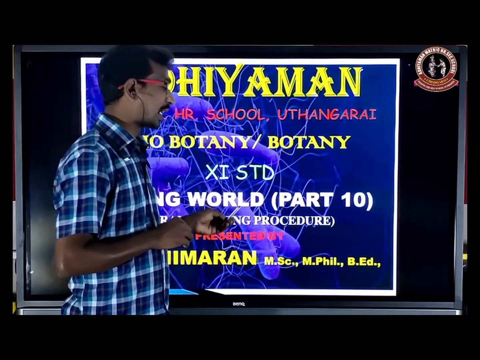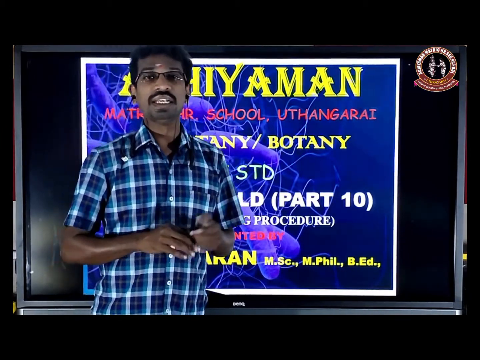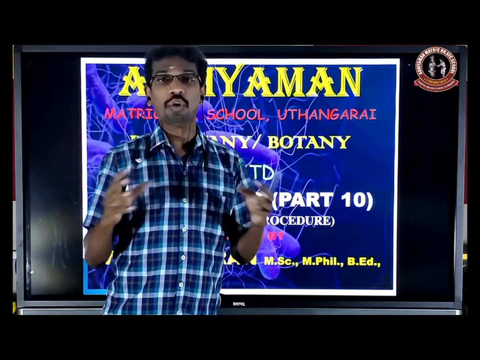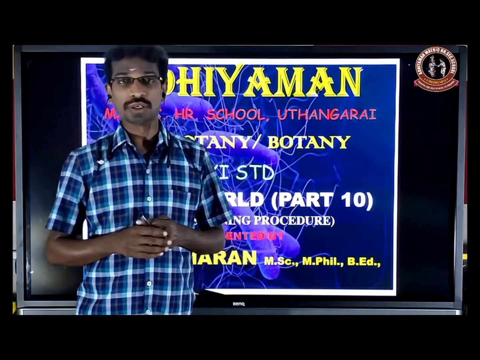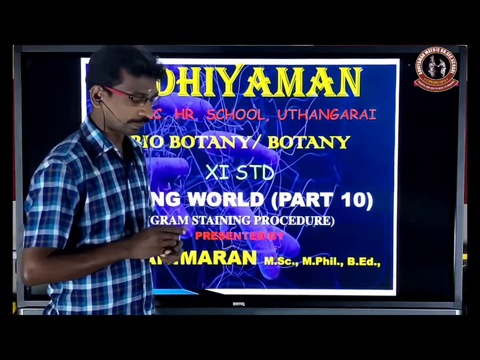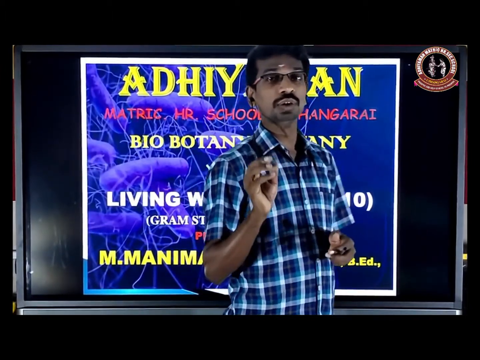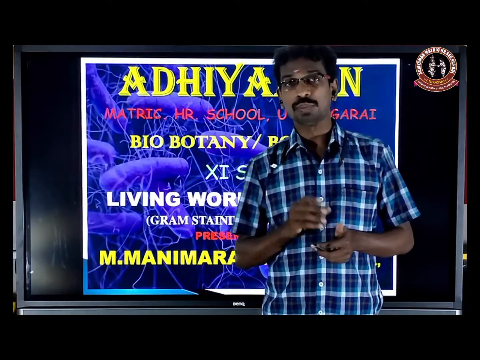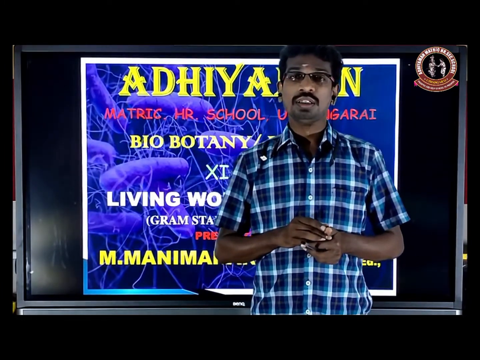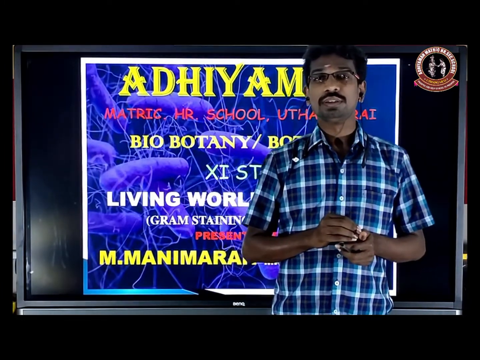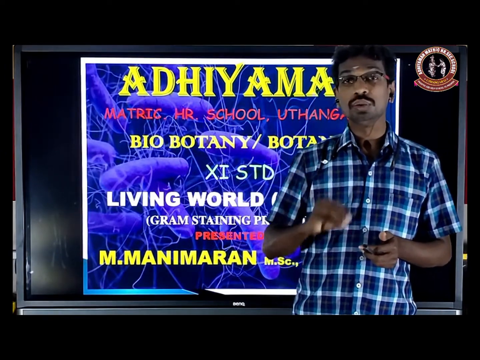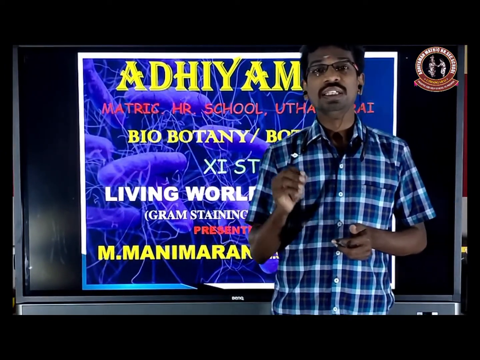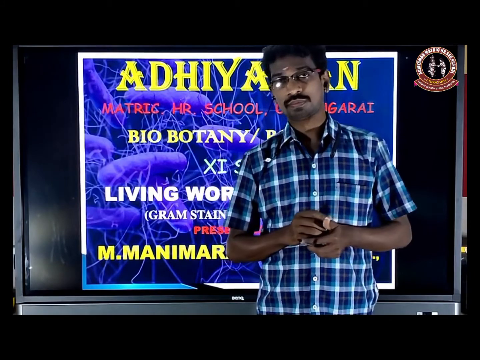So based on the gram staining, bacteria are broadly classified into two categories, gram positive and gram negative. Gram positive means those that retain the violet color during the gram staining procedure. Gram negative means those bacteria lose their violet color and instead take the red color when we use the counter stain or secondary stain like safranin. Safranin is a red color.